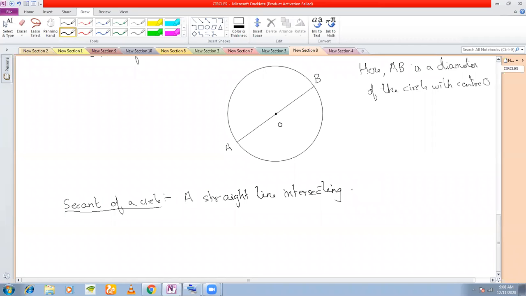A straight line intersecting any two points on a circle is called the secant of a circle. Now, what does a secant look like?